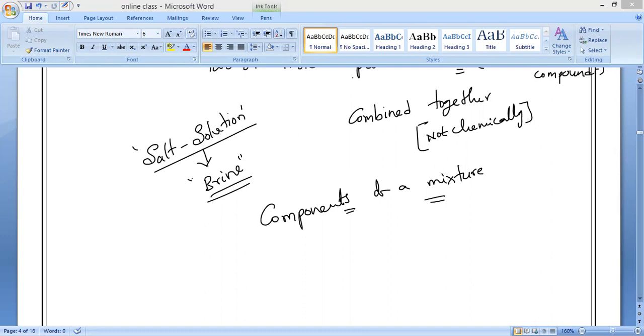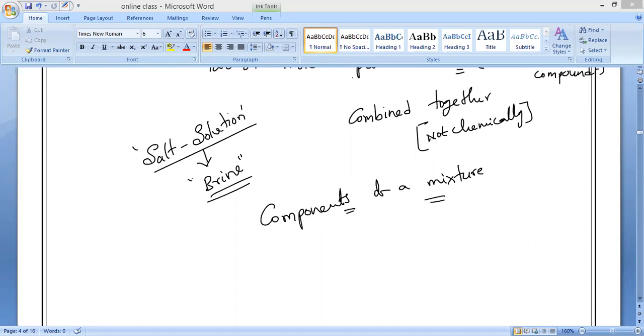So there are many kinds of mixtures which I taught in the last class: sugar solution, salt solution, brass, gunpowder, seawater, ink, kerosene oil, petroleum, lime water, paint, glass, coal, soil, wood, blood, starch solution, milk of magnesia, chalk water mixture, soda water, soft drinks, ice creams, shaving creams, face wash creams, butter, cheese, hairspray.